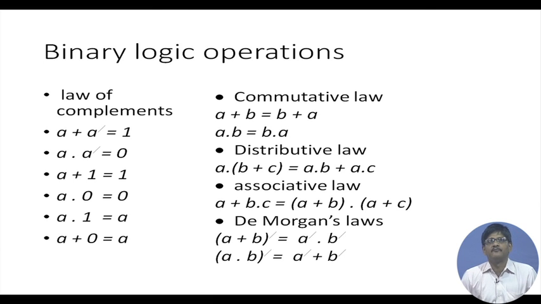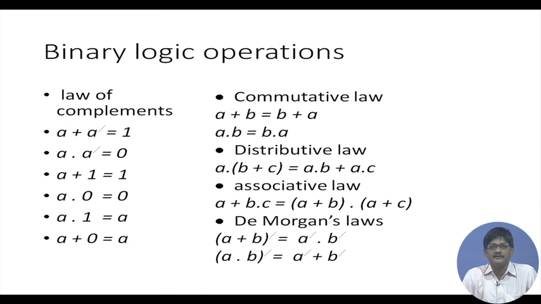The commutative law looks very much like addition, multiplication, etc. A or B is B or A. A and B is B and A. The distributive law is similar to the mathematical relation: A and (B or C) is equal to (A and B) or (A and C).